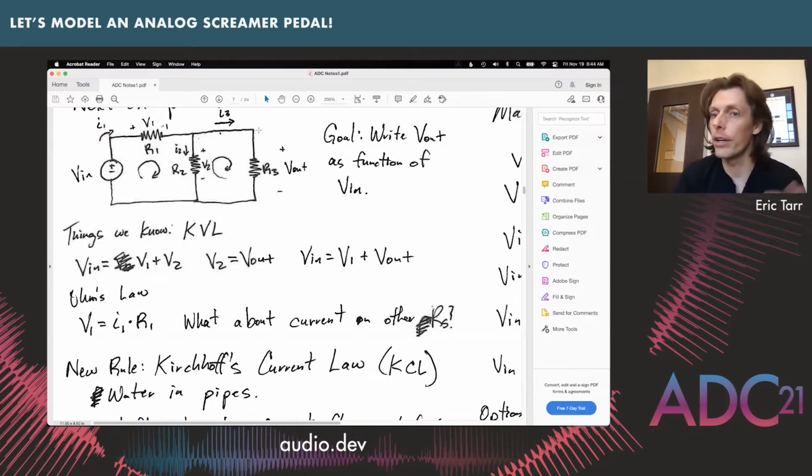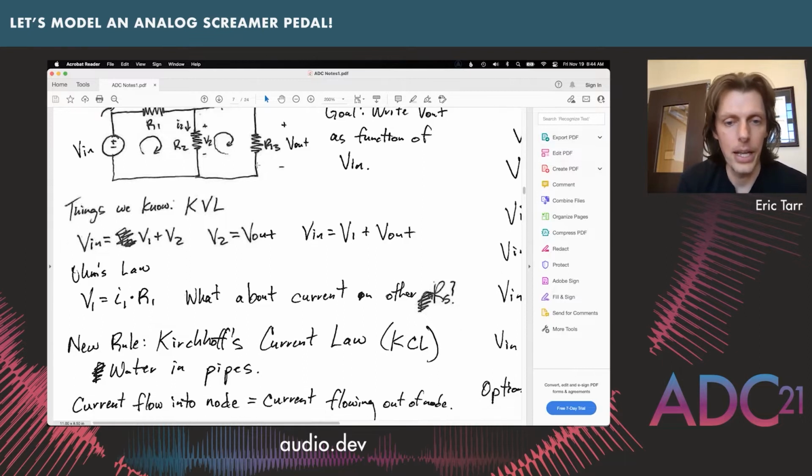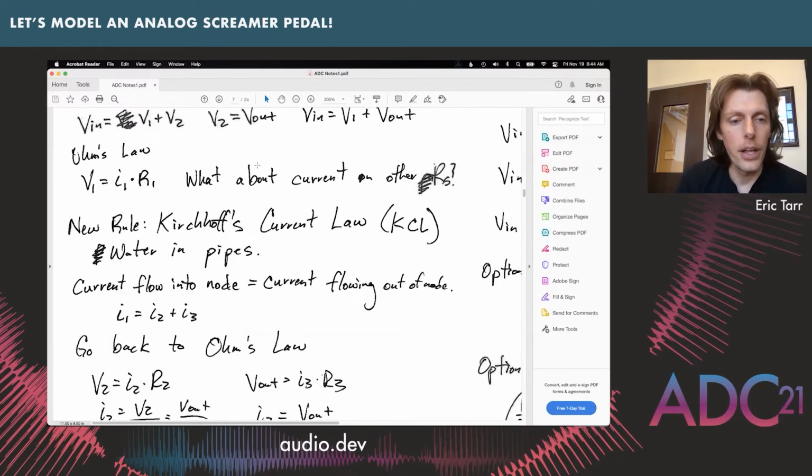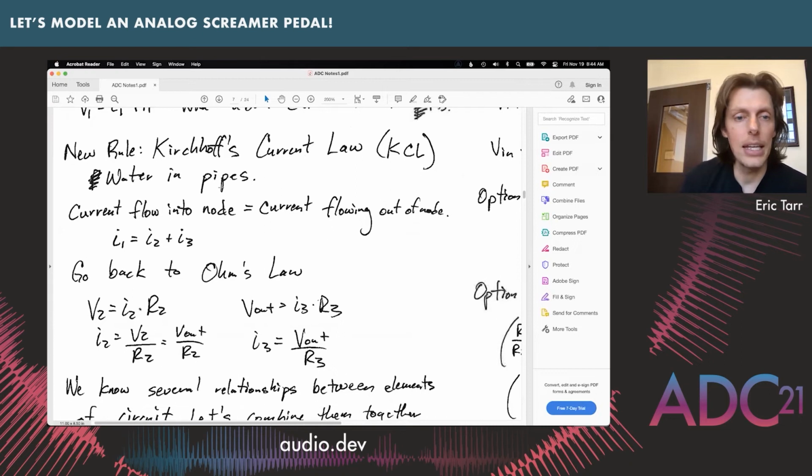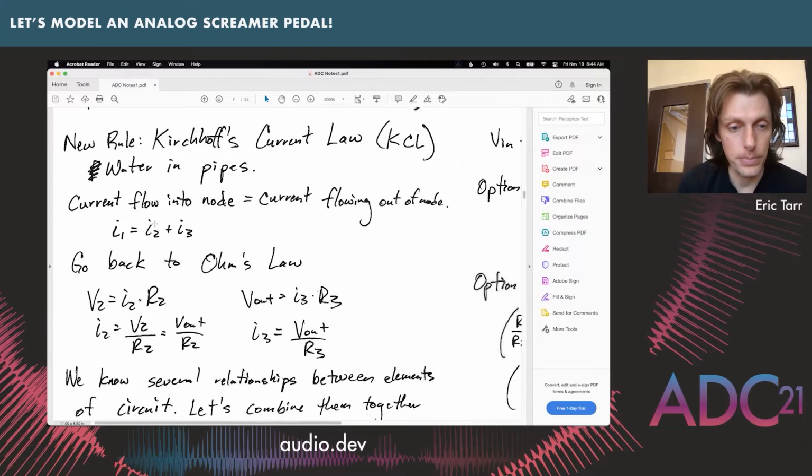So think about it like water flowing through a pipe, it encounters this joint in the pipes where it splits off, and some of the water goes down this direction and some of the water goes over this direction. So the new relationship to know about here is that we have I1, the current flowing into our node, is equal to the current flowing out of the node. So we have these two things here. That's our new relationship to be able to use.